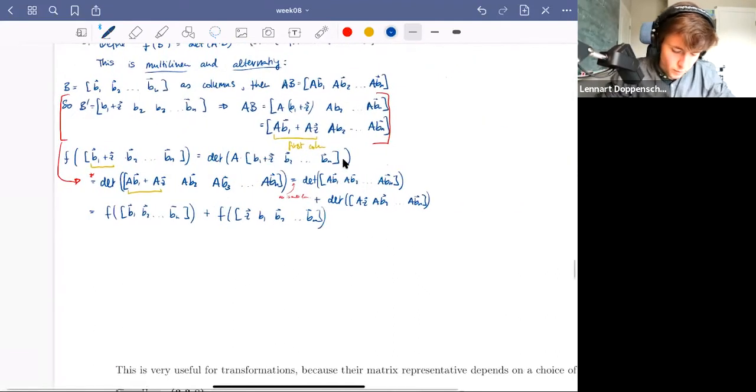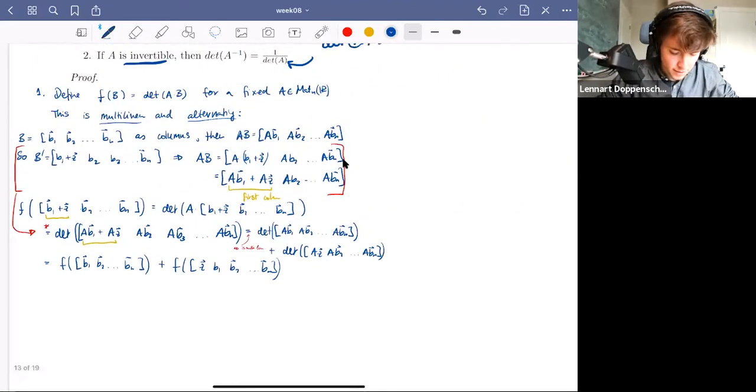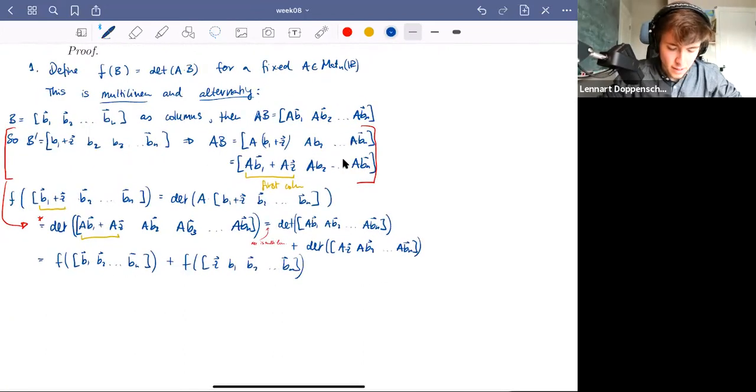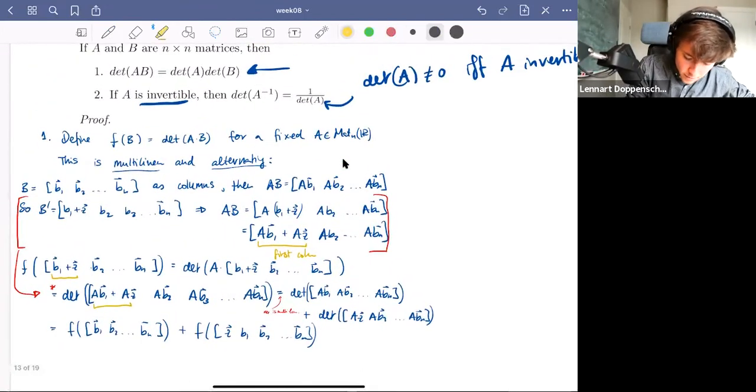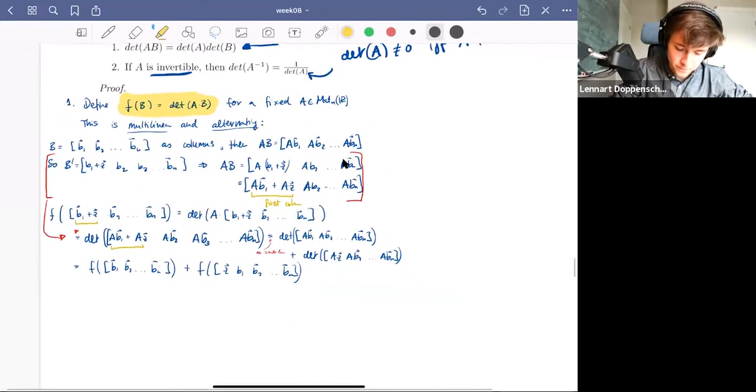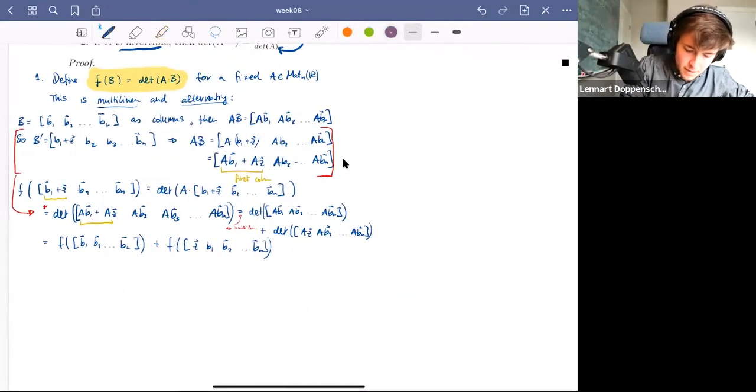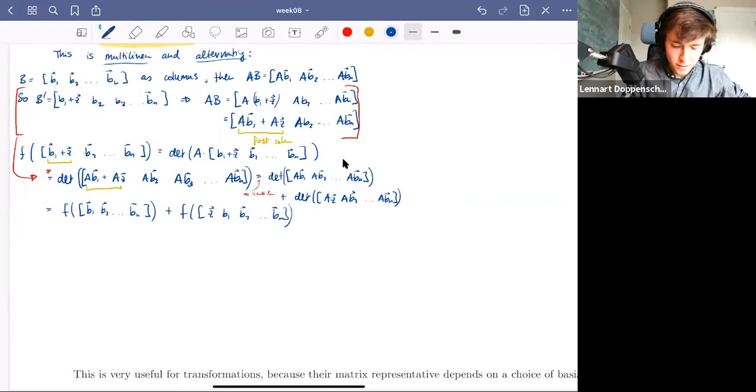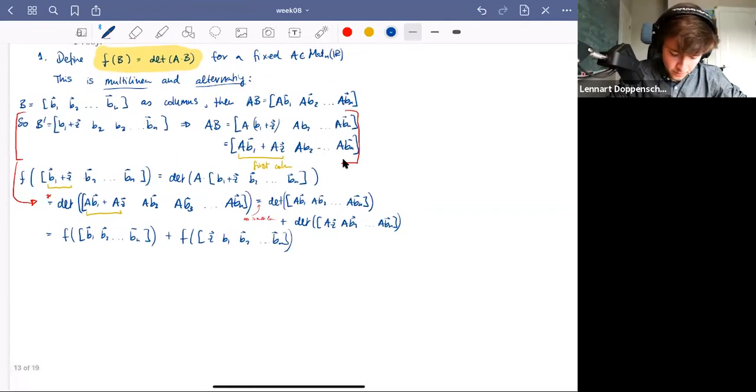So we can show that the function F, defined in this manner, that was the definition of F for a fixed A, is multilinear. And this also works for other columns. The first one was just the easiest, otherwise it would have been even messier.